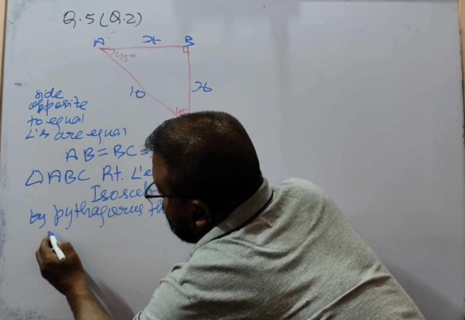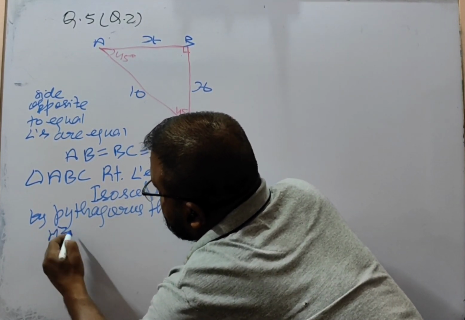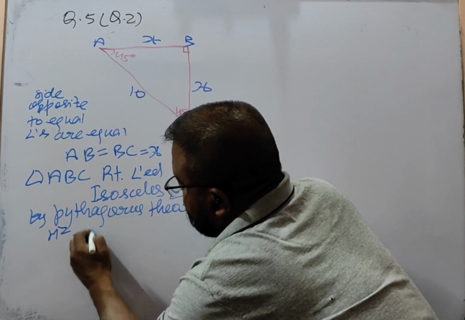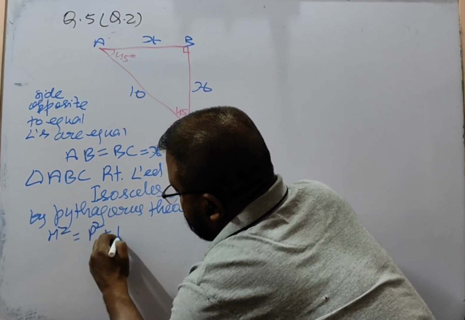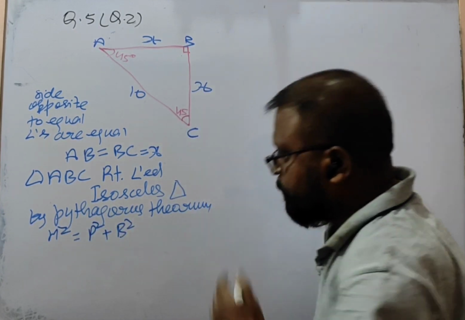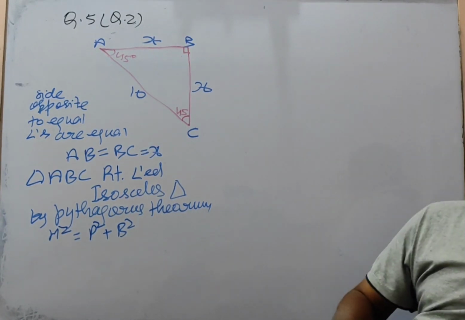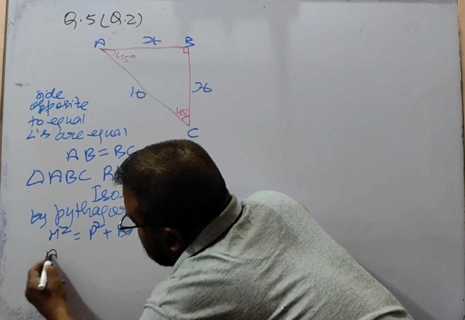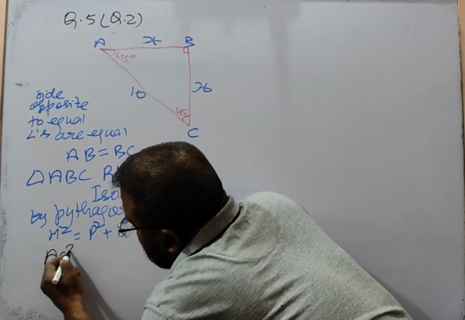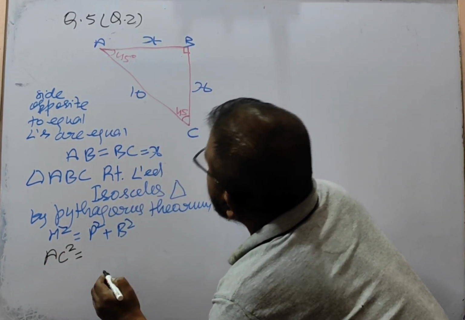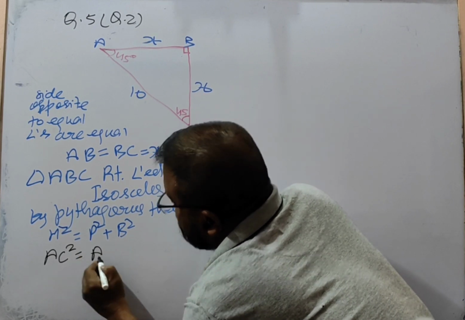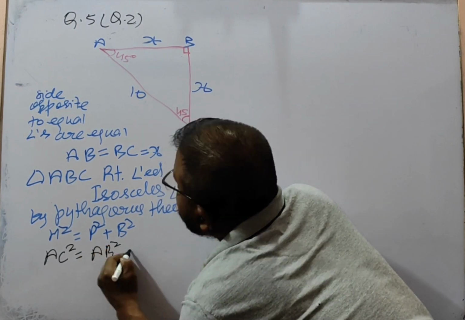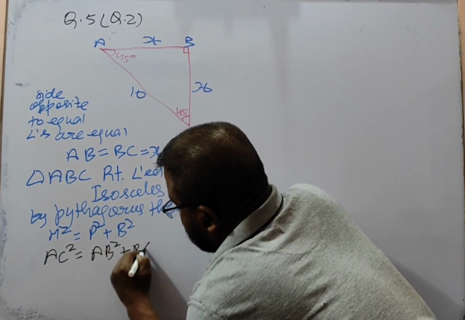hypotenuse square is equal to perpendicular square plus base square, right? So AC square is equal to AB square plus BC square.